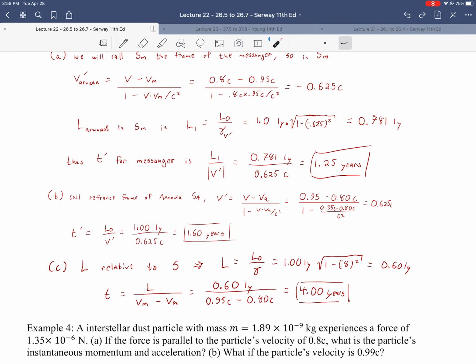Because in their reference frame, it is absolutely true that the messenger is moving at a rate of 0.15 times the speed of light faster than the Armada itself. And so they get the longest time. They get 4 years. So they would measure 4 years. They would have to wait 4 years for the information to happen.